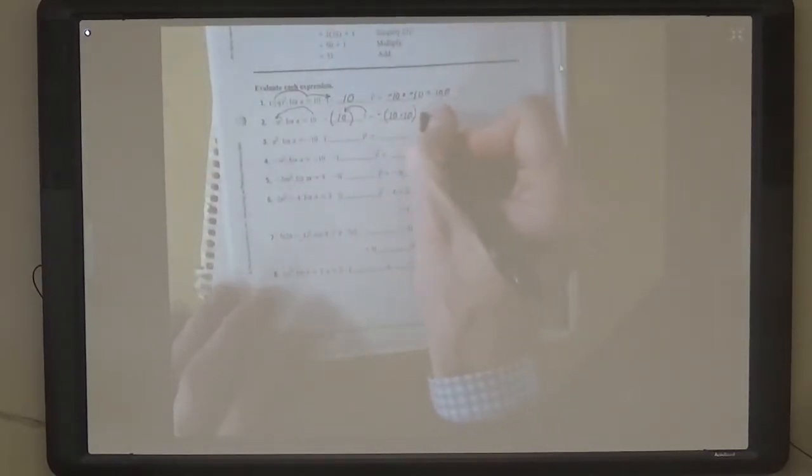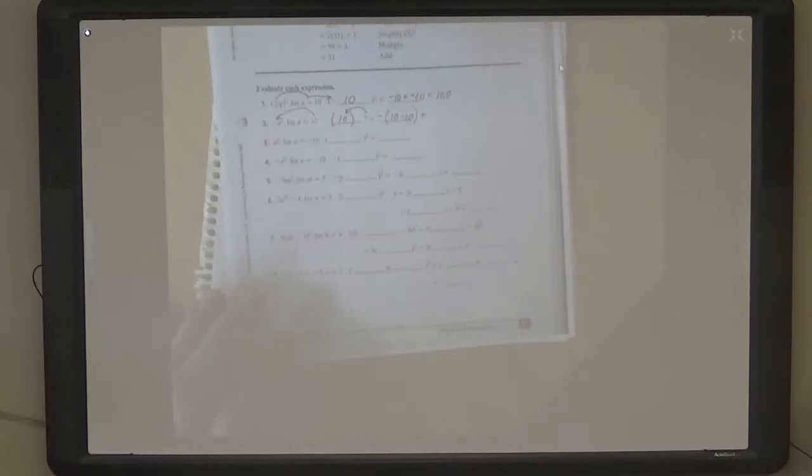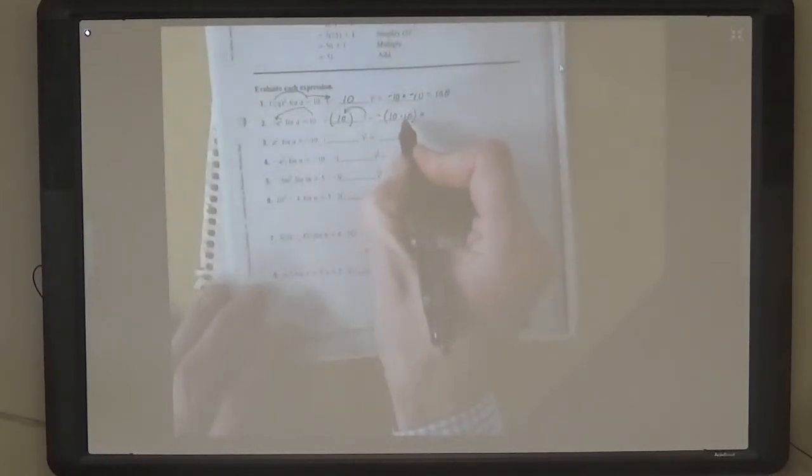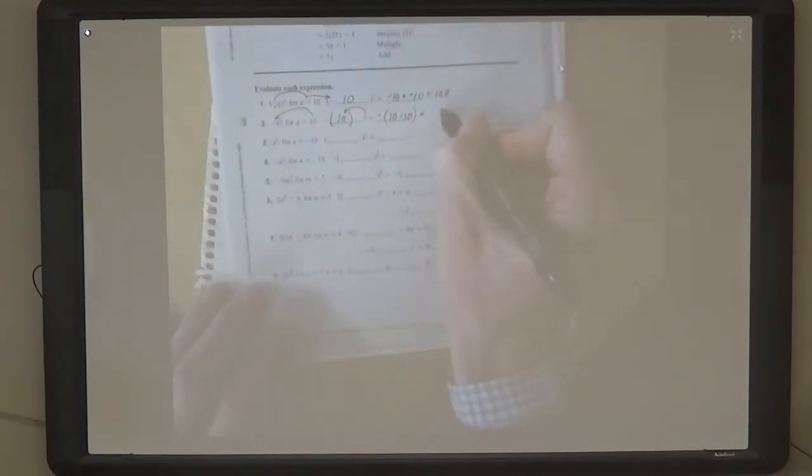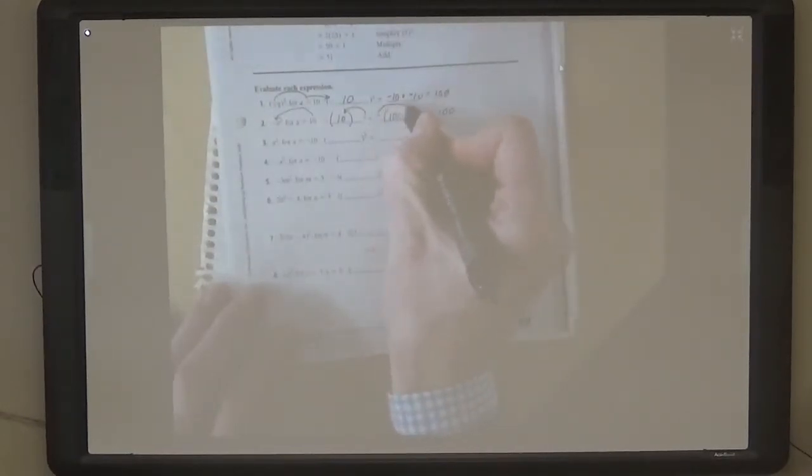So how is this answer different? Negative 10 times 10. Nate? So you do the stuff in the parentheses, which equals 100, then you add the negative sign. Right. So what's in the parentheses is 100, and then the minus sign is outside the parentheses, so that goes on at the end.